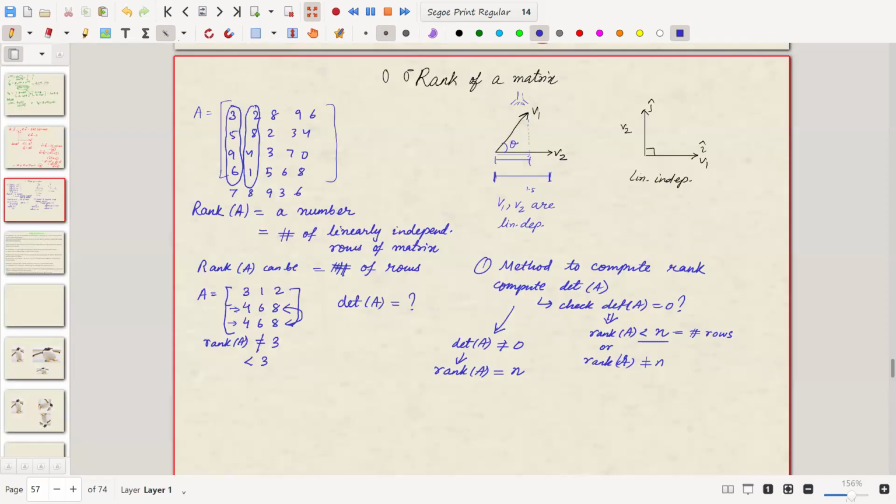And if the determinant is equal to 0, there are some vectors inside the matrix which are linearly dependent on other rows of the matrix. Therefore, the number of linearly independent rows will definitely not be equal to n. It will be somewhat less than n, right? I hope you got it.